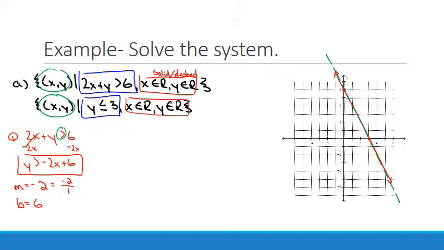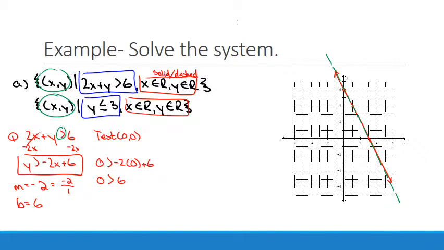And then now the shading. So remember, we want to use that test point for the shading, right? So I'm going to test, and we always are testing 0, 0. And you might not have to do this after a while. You might just get where it goes, or you might just test it in your head, whatever you want to do. So 0 is greater than 6. Is that true? No, that's not.